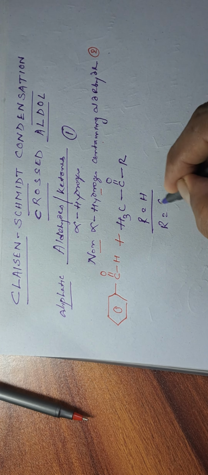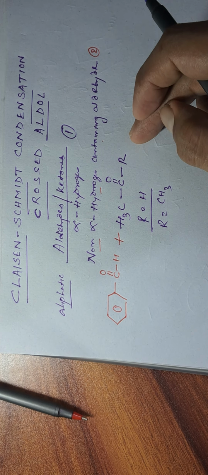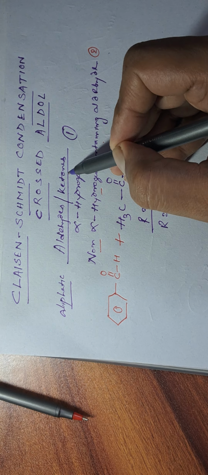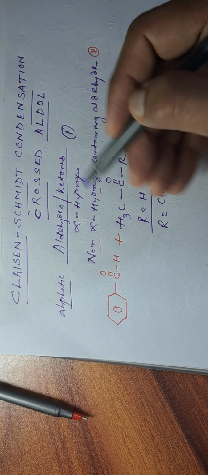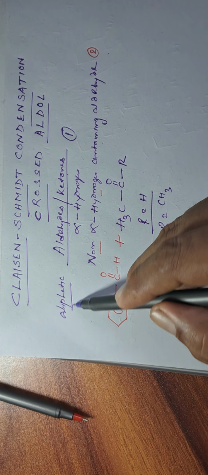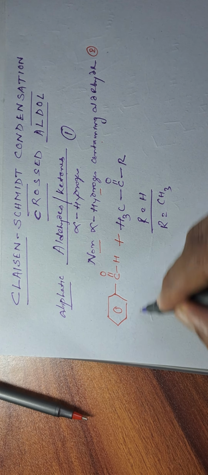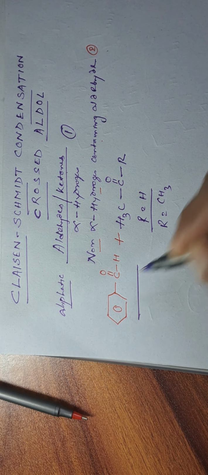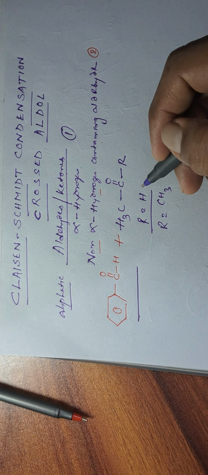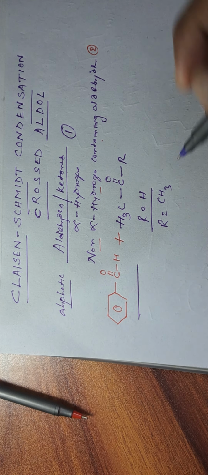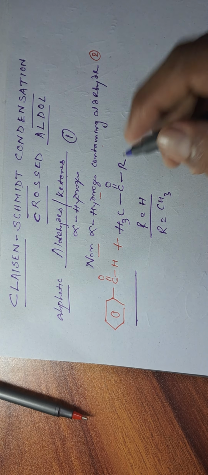If I put R equals to CH3, it is acetone. Because here two provisions are there, right? Either aldehydes or ketones can be the choice of other reagent. And that must be of aliphatic origin. The same thing here also I have written. So we have a non-alpha hydrogen containing aldehyde, and I just want to condense this with alpha hydrogen containing either aldehyde or ketone, right? So what is the product that we are going to get actually?